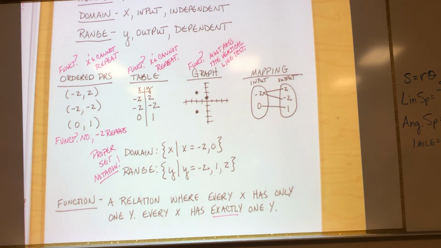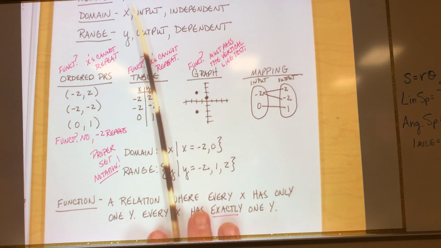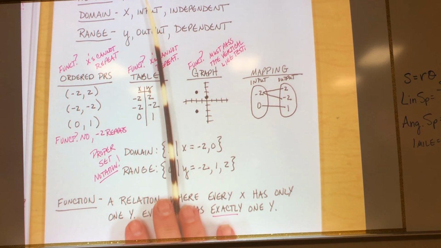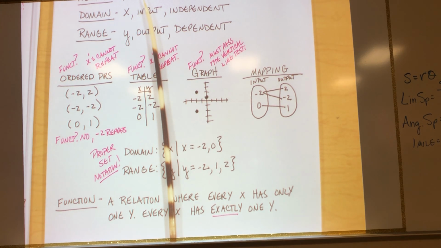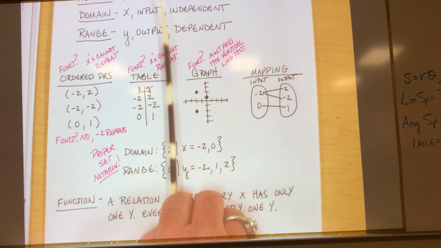So here's what the vertical line test says. If you take a vertical line, all right, so here's my vertical line, and you run it across your graph, it cannot touch your graph in more than one place at a time, okay?